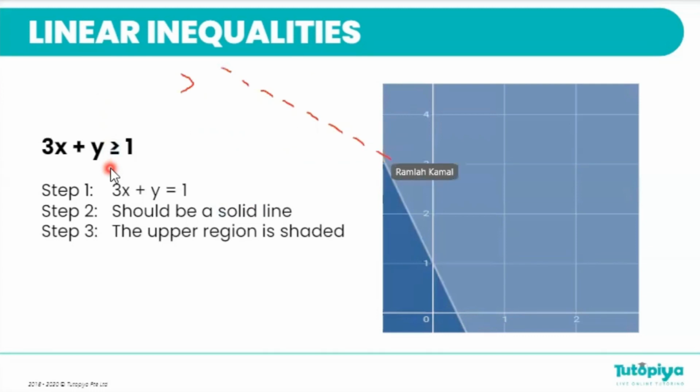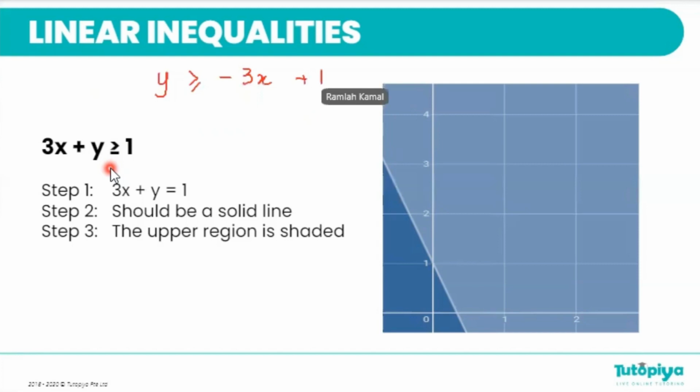All right. Then we should be able to shade the region of the graph that is represented by this inequality. How we can do that is using a simple method. You're just going to rearrange this inequality like before, so that y is the subject of the formula. When I do this, I get minus 3x plus 1.